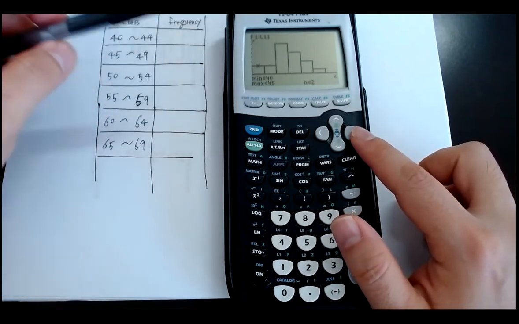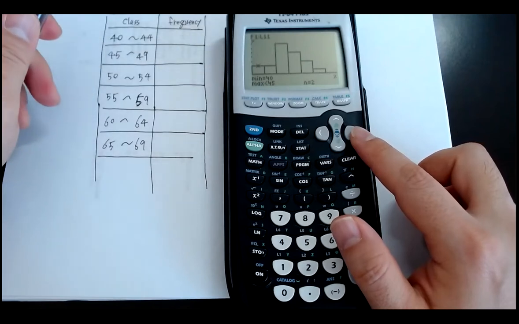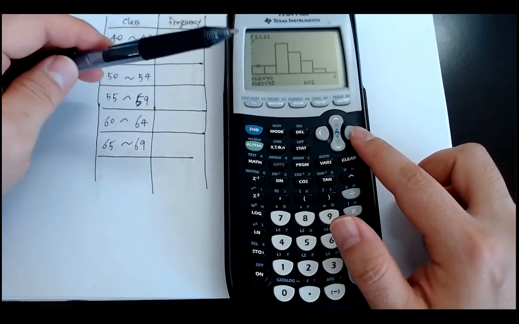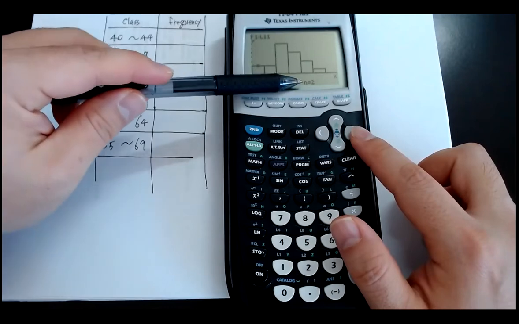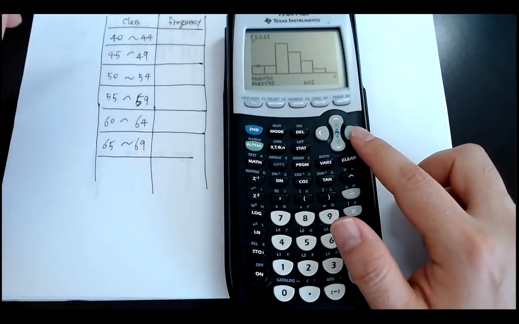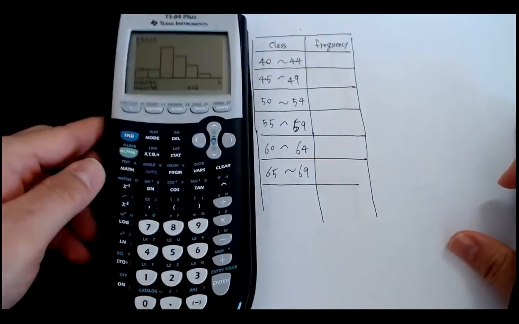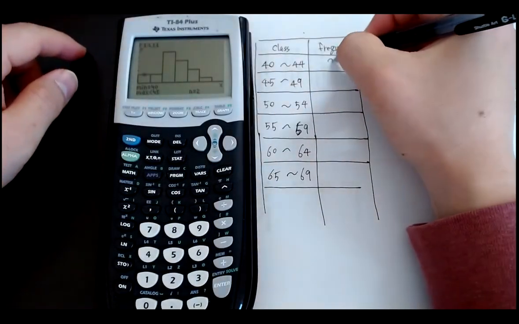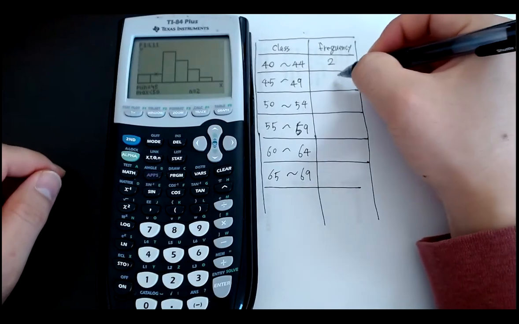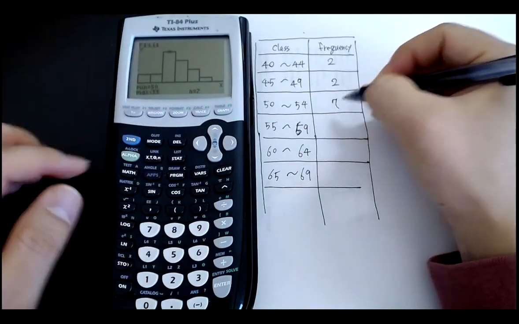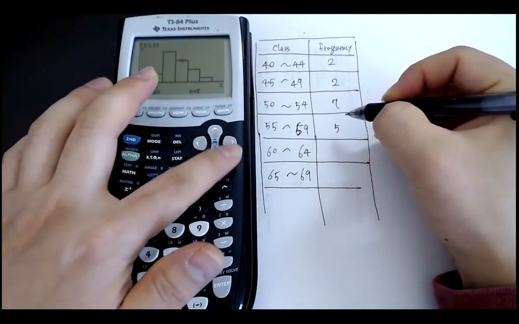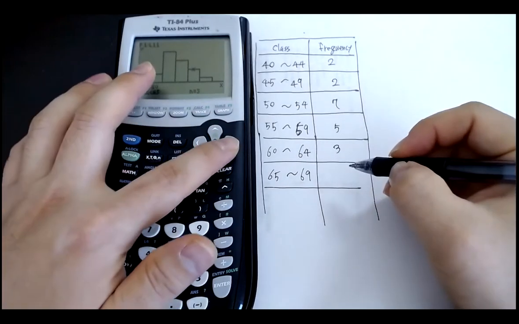So it means the lower class limit is 40, the upper class limit is 44, and n equals 2, that's the frequency. So this is 2, and the next one is also 2, and then 7, and then 5, and then 3.